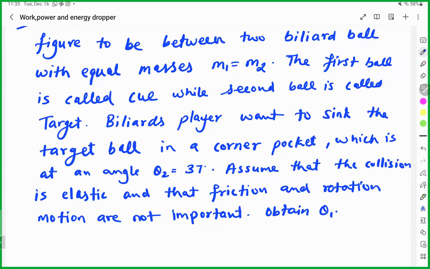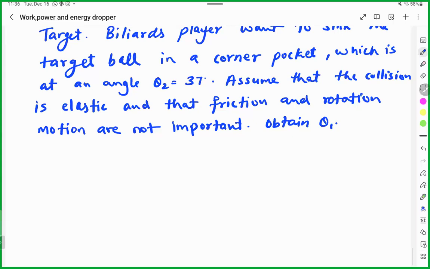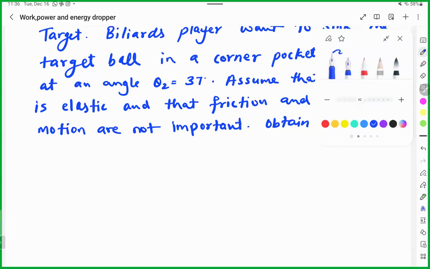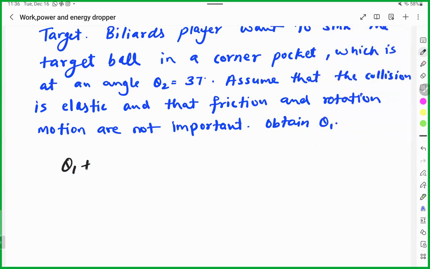Done, guys. See, whatever you do, you know both angles are 90 degrees. Both theta 1 plus theta 2 add up to 90 degrees.